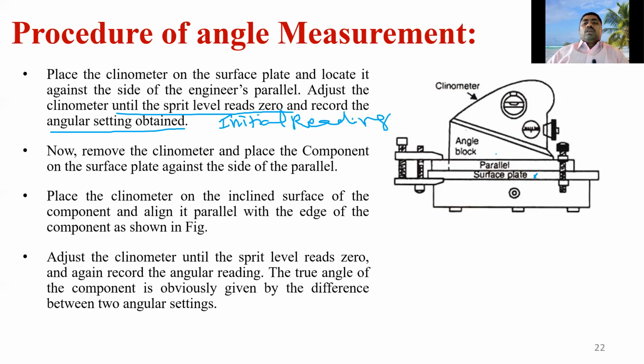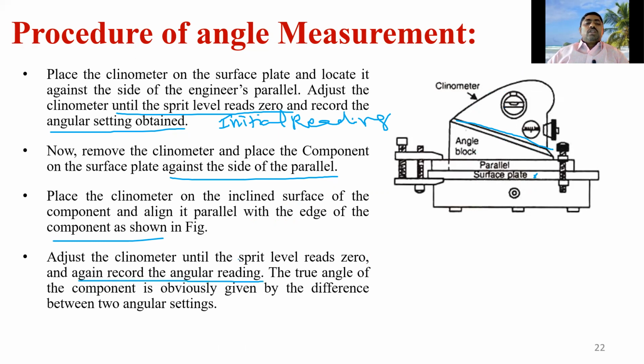Now you remove the clinometer and place the workpiece on the surface plate against the sides of the parallel. Then we place the clinometer on the inclined surface of the component and align it parallel to the edge of the component. Then adjust the clinometer until the spirit level reads 0 and again record the angular reading.